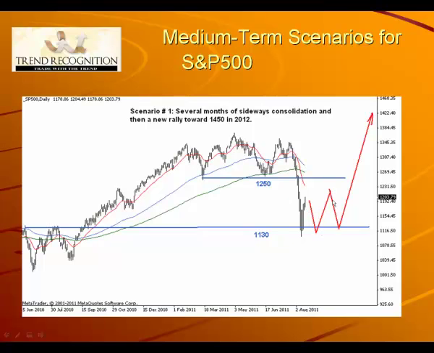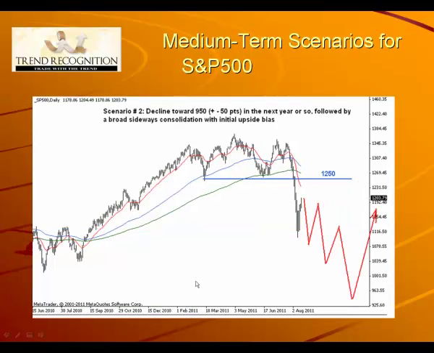This is a sideways market between, let's say, roughly 1100 and 1200 in S&P 500, followed by another bull market in 2012. This is still a possibility as long as the market holds above the 1000 level. So this is still possible, but I consider it less likely to occur.